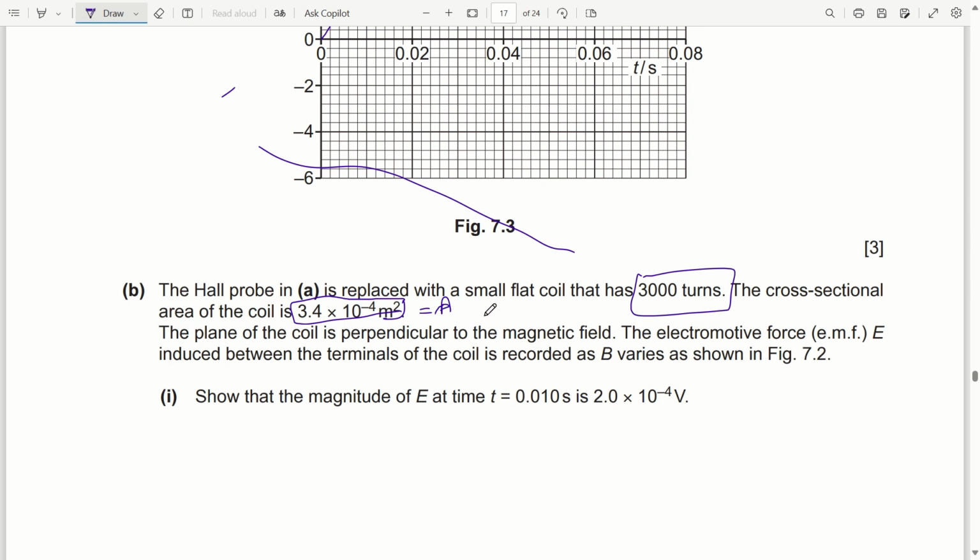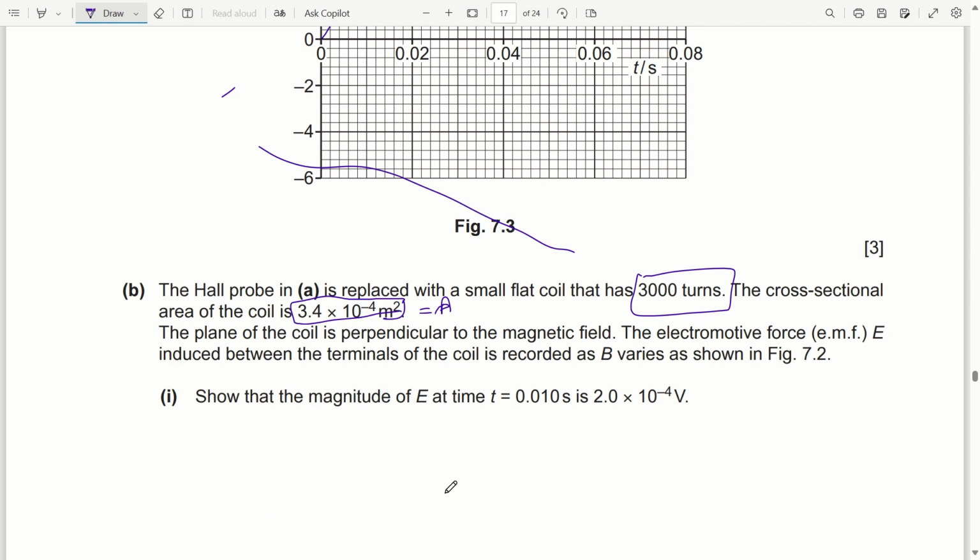The electromotive force induced between the terminals of the coil is recorded as B, varies as shown in figure 7.2.